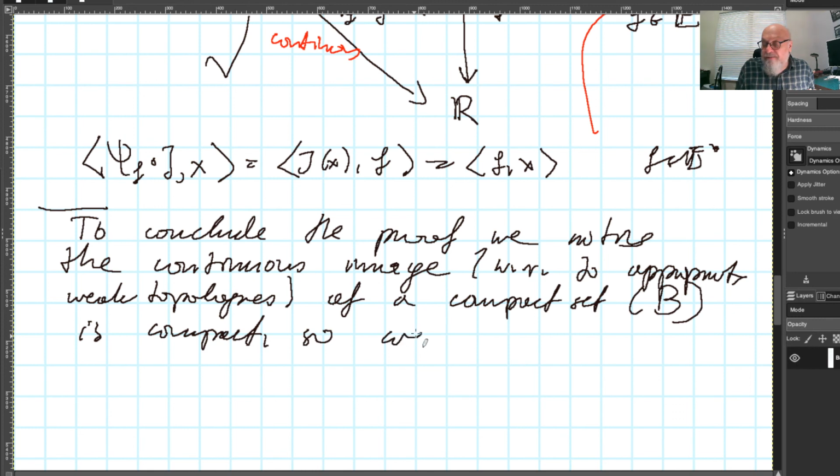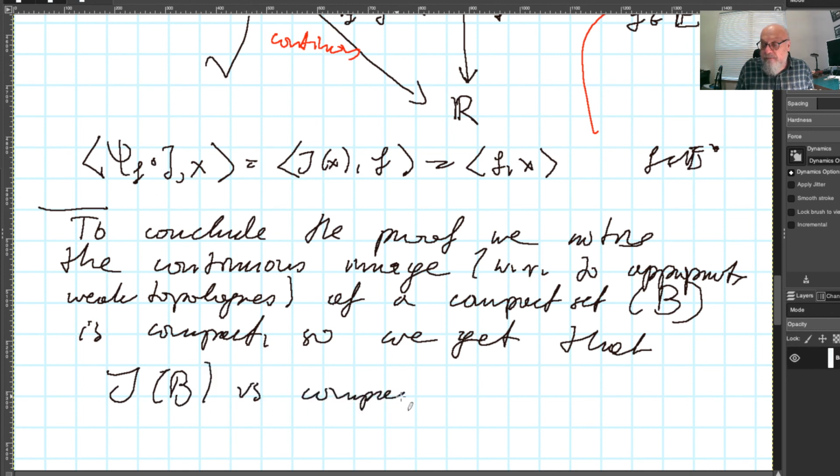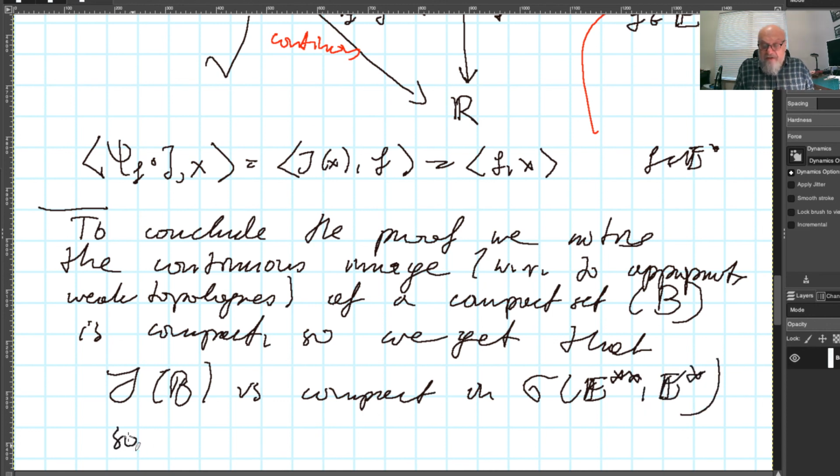So we get that J of B is compact in this topology, E double star, E star. If it is compact, it is closed.